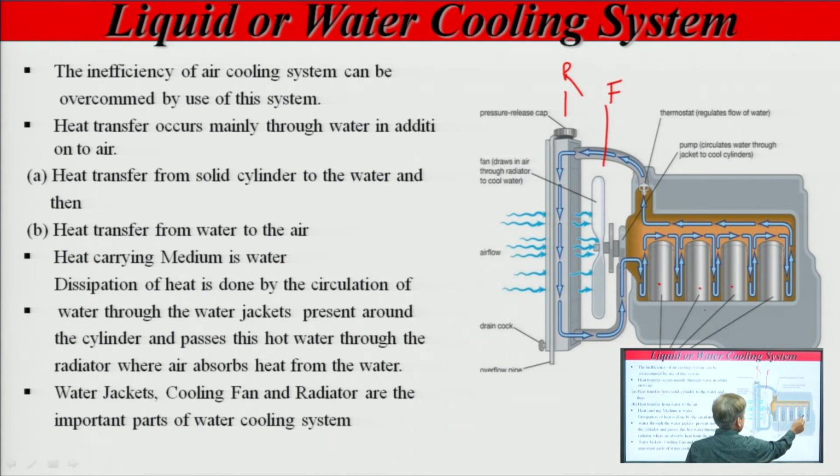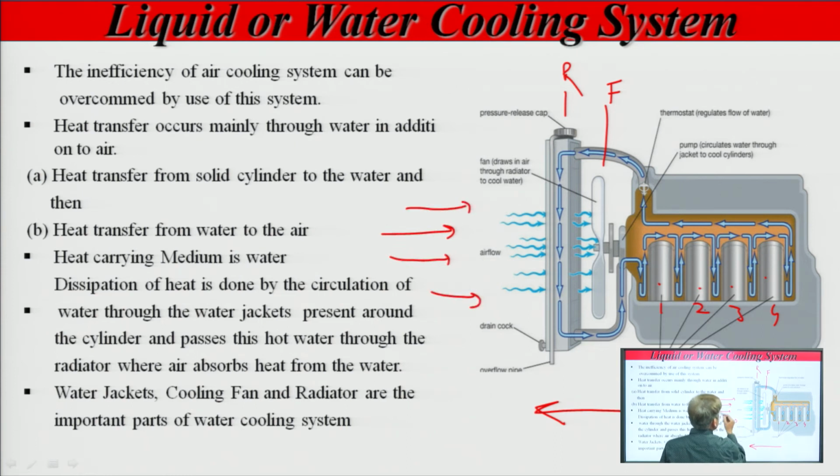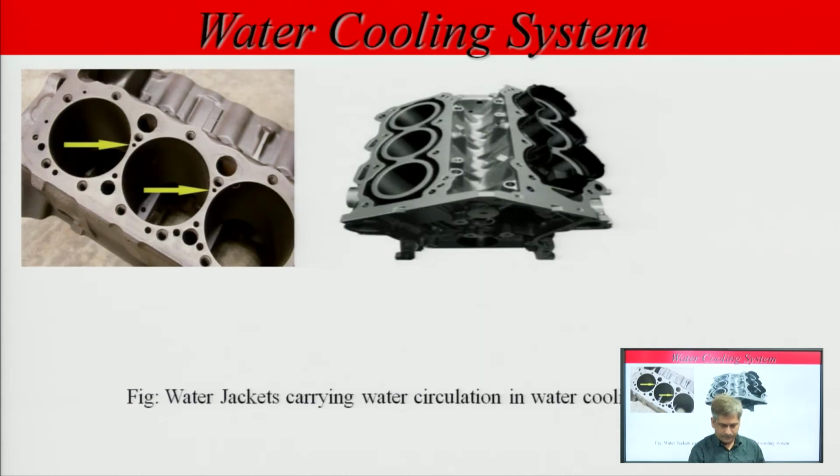These are the cylinders, cylinder 1, 2, 3 and 4, and water is circulated all around the cylinders. This part is the thermostat, and as the vehicle moves in this direction, the air comes in this direction. It is forced cooling also, a mixture of forced cooling as well as conduction because the fan is here, and we are using water as the medium.